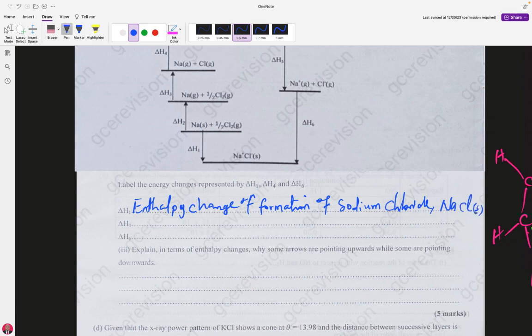So the first one is enthalpy change of formation of sodium chloride. Then the second one is delta 4.